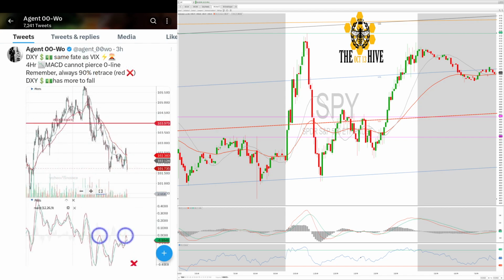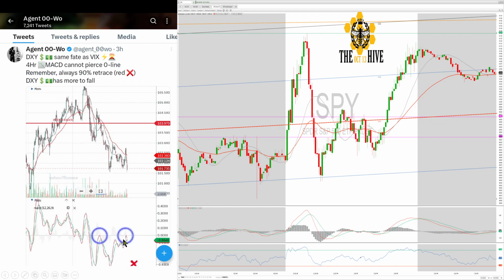And the dollar is in equally bad shape. At least you can see this is partially in view. I've talked about previously, this applies to both the 4-hour chart and the 1-hour chart, you've heard me say, typically you get a 90% retracement.